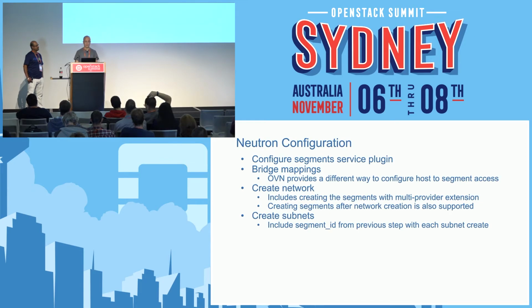So you configure your segments using the service plugin. You provide in your configuration the bridge mappings for your physical networks. You create your network, and you associate to that network subnets where a segment is associated to it.